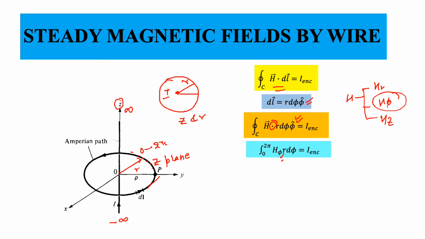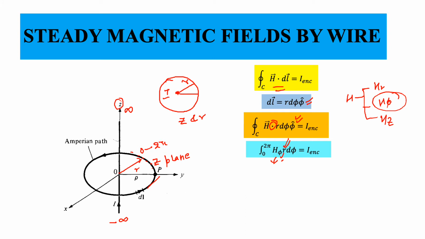So what is the current enclosed? The current enclosed is simply I. Now r is constant in this integration because it is only phi which is varying, and we can pull H phi out, since H phi is constant because of symmetry. So H phi is constant, r is constant.